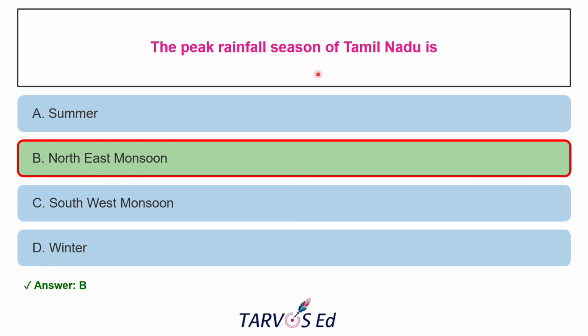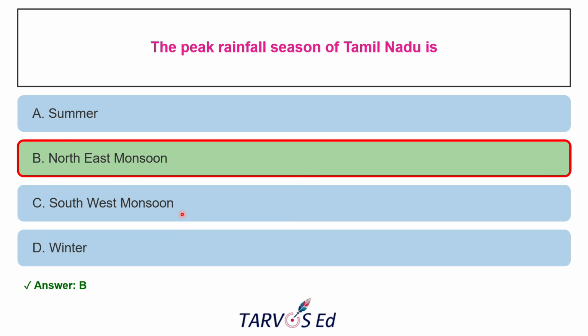The next question is the peak rainfall season of Tamil Nadu is. Options are summer, northeast season, southwest season, and winter. And the correct answer is northeast monsoon. So Tamil Nadu is an exception in India, right? So while most of the India gets 75% rain from southwest monsoon, that usually happens from June to September.